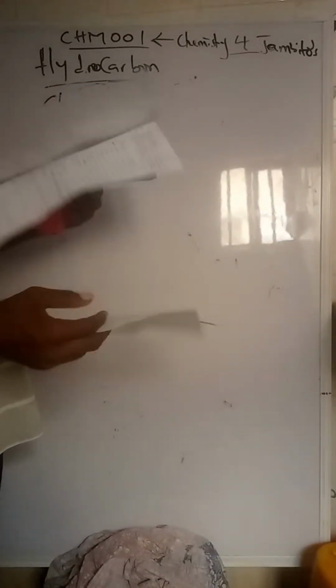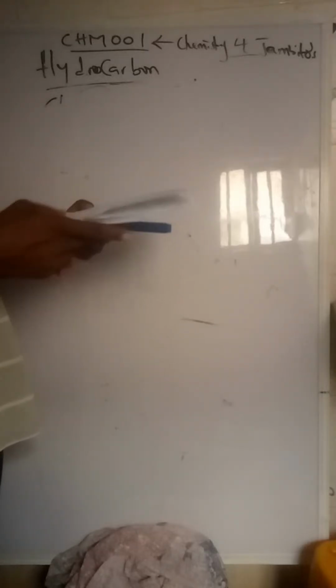Now let's consider some examples. All right, so they are not normal alkanes. Those kinds of structures that are not normal alkanes are called condensed formula.